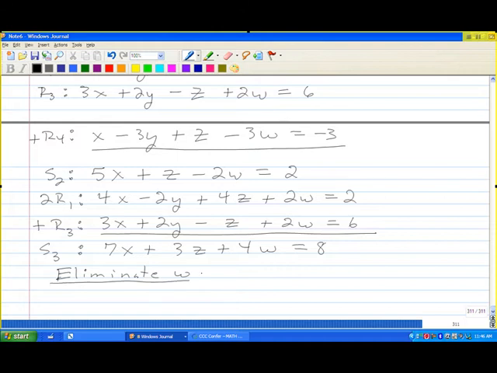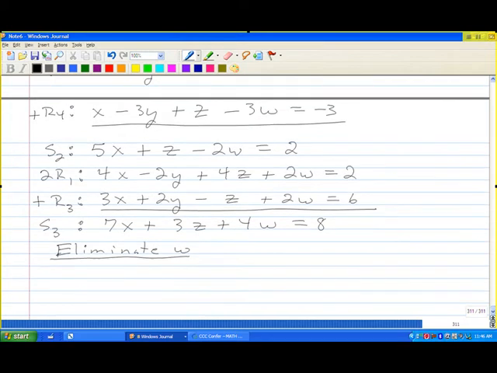And so let us multiply S2 by 2. 10x plus 2z minus 4w equals 4.